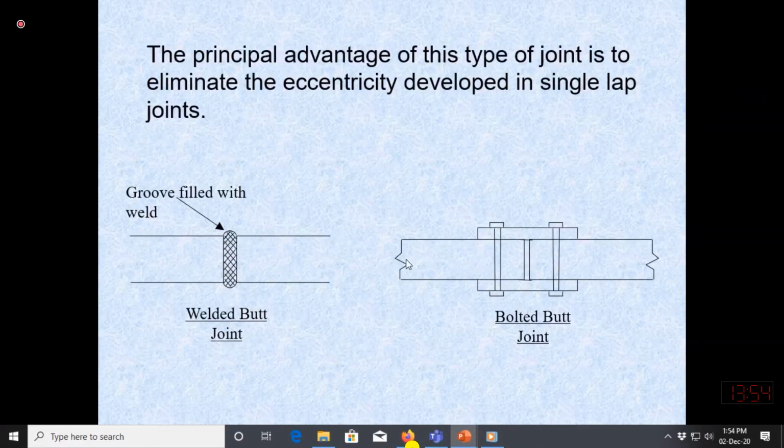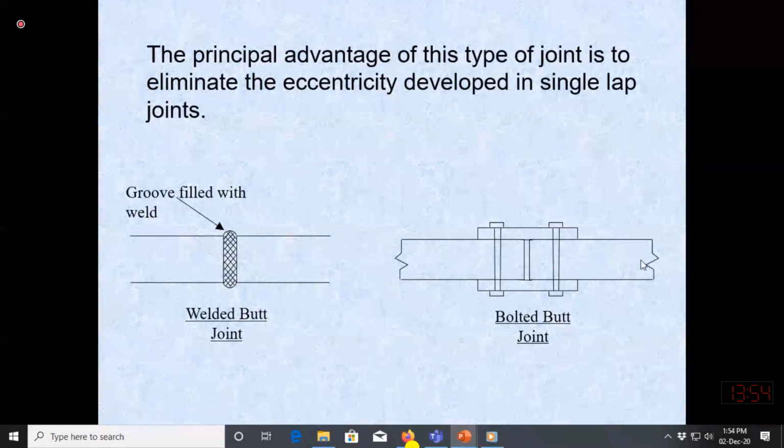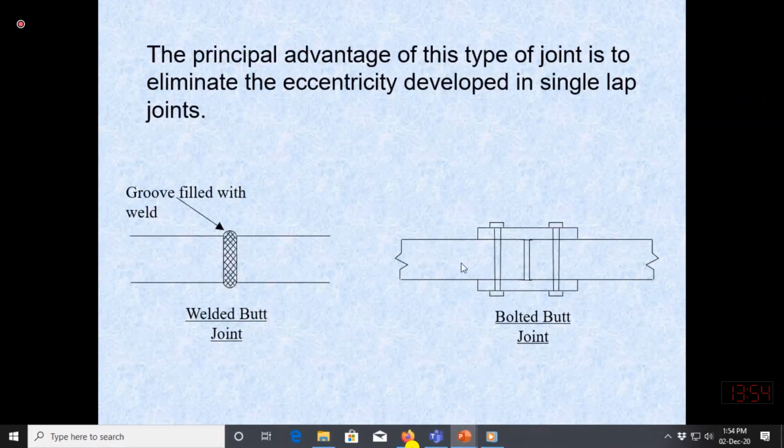Or, with one member and a second member to be connected, their centre lines coincide and both sections are connected with two extra plates, which you can call auxiliary or additional plates, using fasteners. Fasteners may be rivets or bolts. The main thing is that the centre line of one member coincides with the second member. So this is the butt joint.